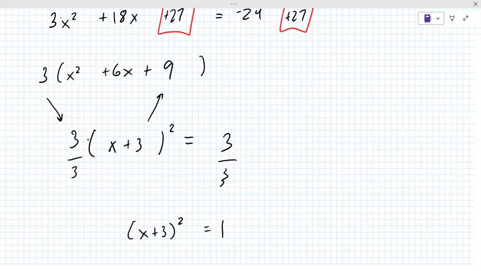And then what does... so then you get... so then -2 and -4.